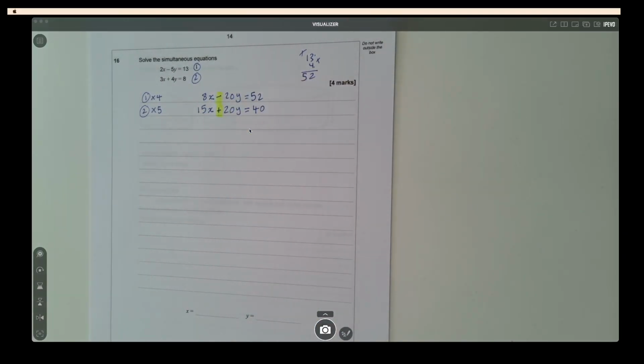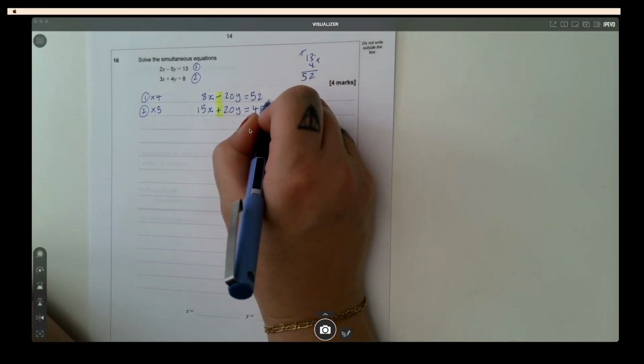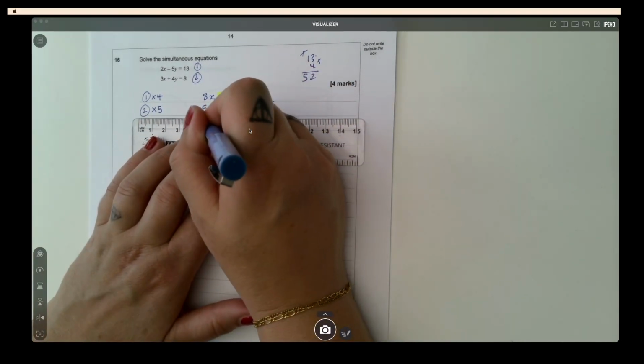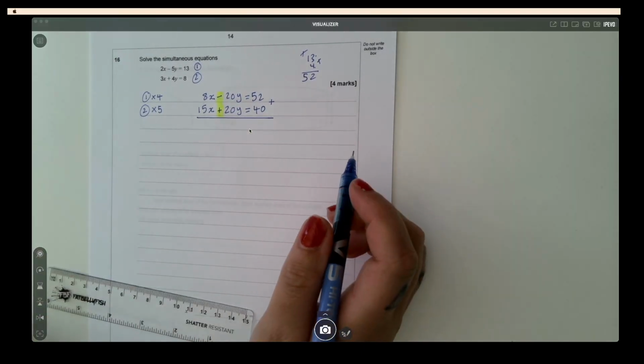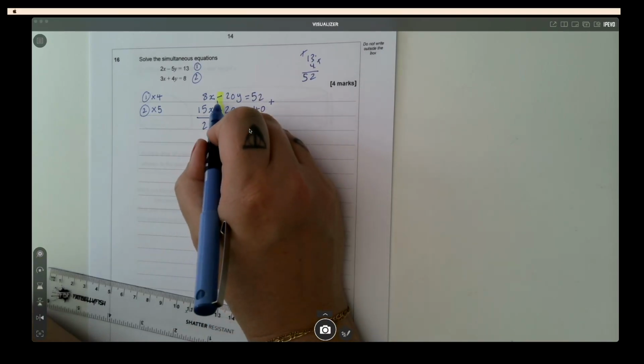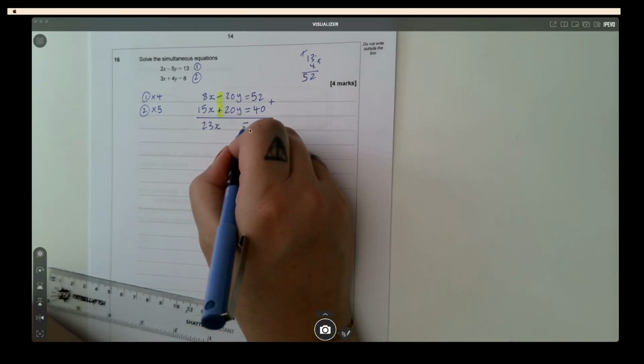Because the signs are different, I need to add these equations together. By adding these equations together, it's going to eliminate the y term and make it so I can solve for x. So 8x add 15x is 23x. Negative 20y add 20y is going to be 0.